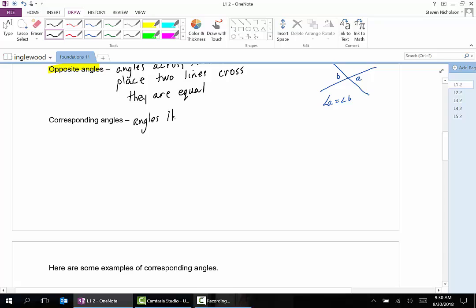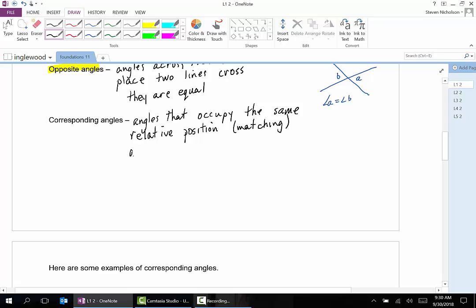Angles that occupy the same relative position. And I just like to use the word matching. Makes sense in my head.